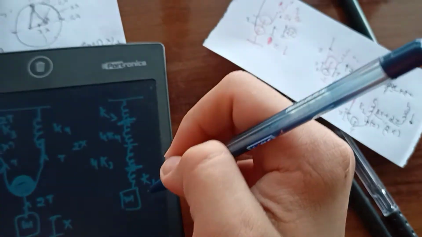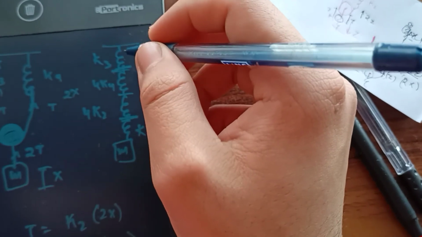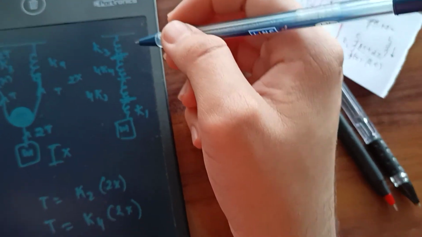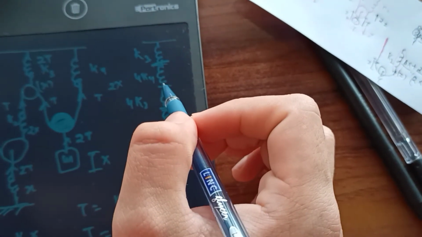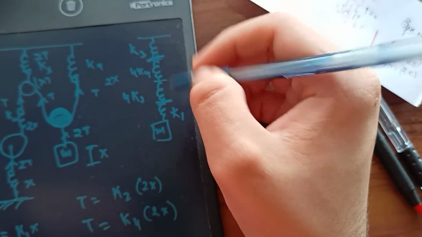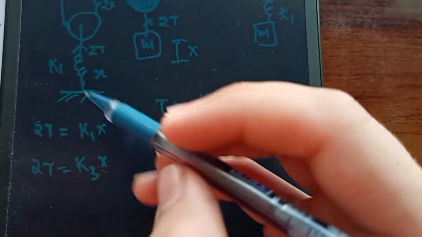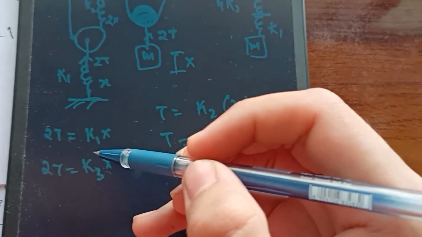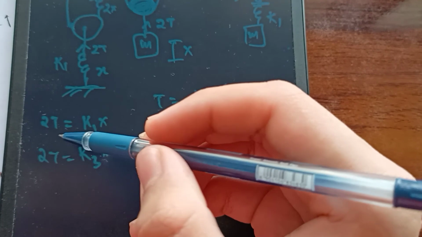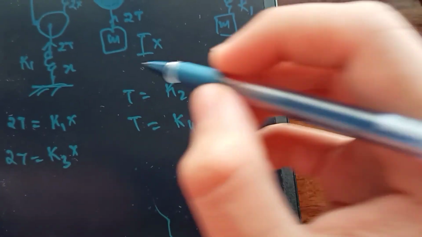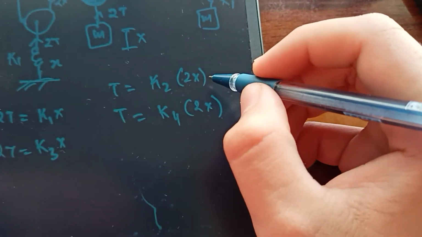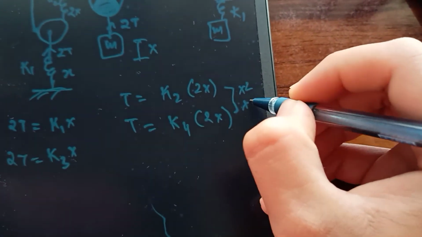Now each of the spring constants should be such that there is a tension 2T in each of these, and there should be an extension of x. So basically two of the springs should have spring constants K1 and K3, because they have tension 2T and extension x. Here if we carefully see, if I multiply both of these by 2, this also by 2 and this also by 2, what will I get?